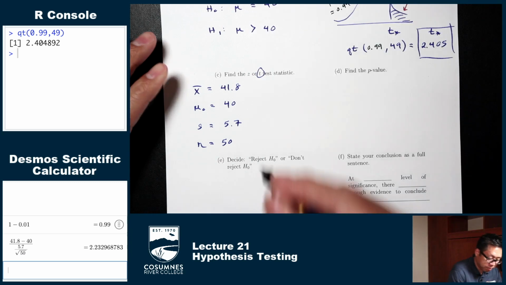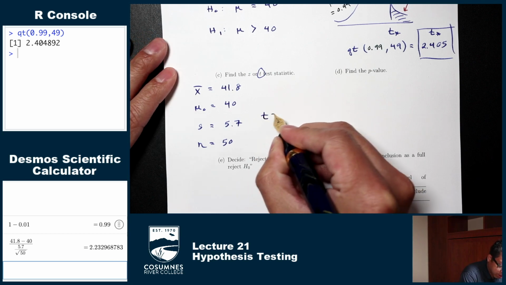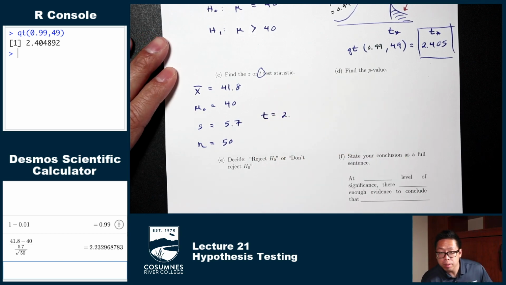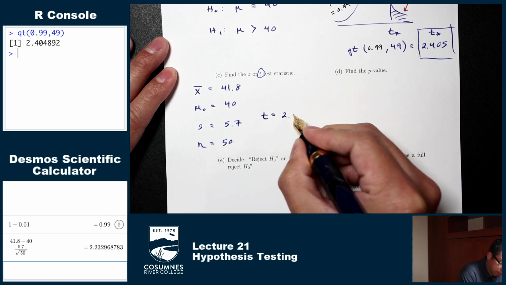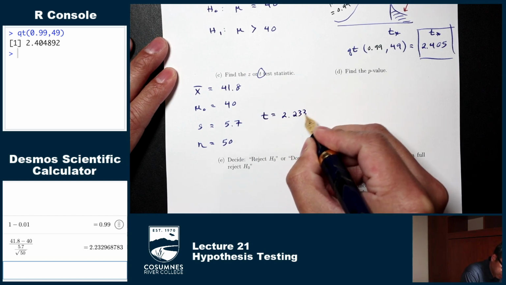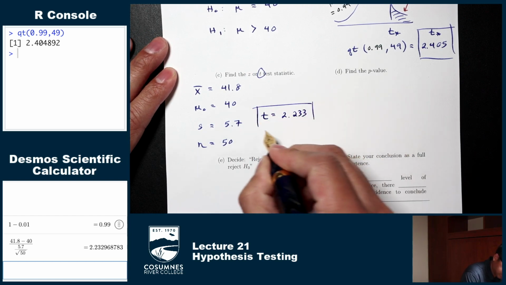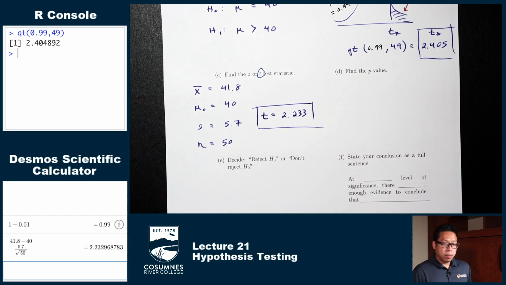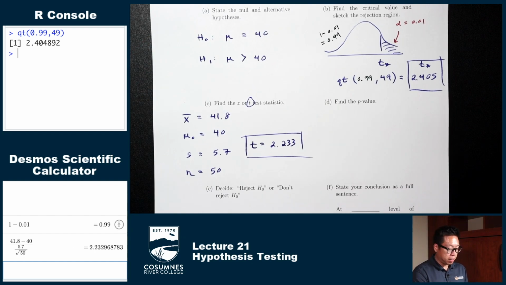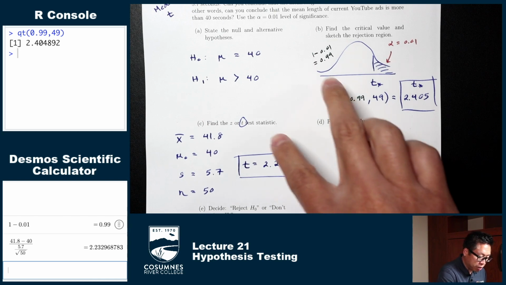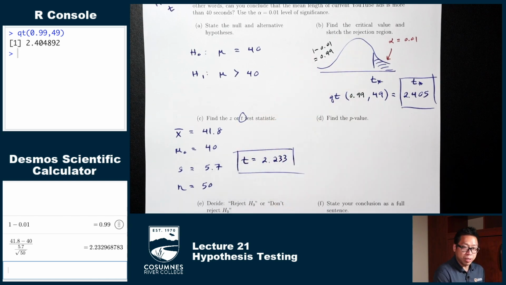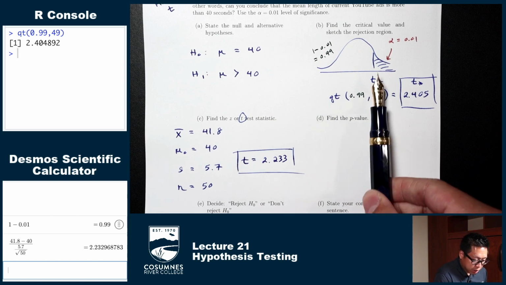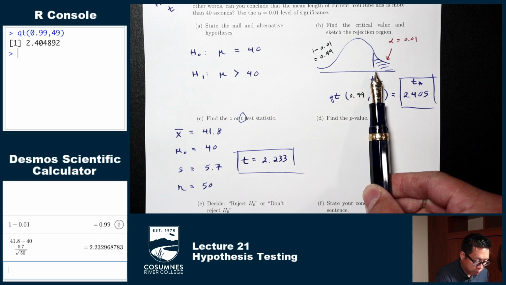Okay, this is a t, 2.233. So that's our test statistic. Right now, we can actually use this critical value approach to predict whether we should reject or don't reject. So this t star is exactly 2.405.